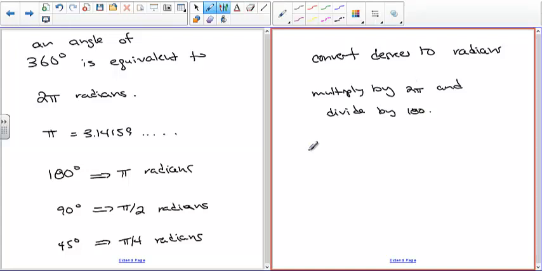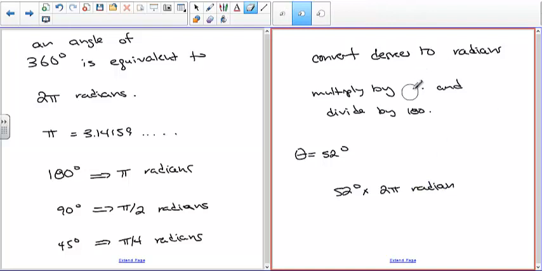Okay, so let's just do an example. Let's say theta is given as 52 degrees. To convert theta in degrees, you take 52 degrees, you multiply by 2 pi radians. So there are 2 pi, well, yeah, and I just did this wrong. This should be pi. Sorry. I'll do it based on the circle.